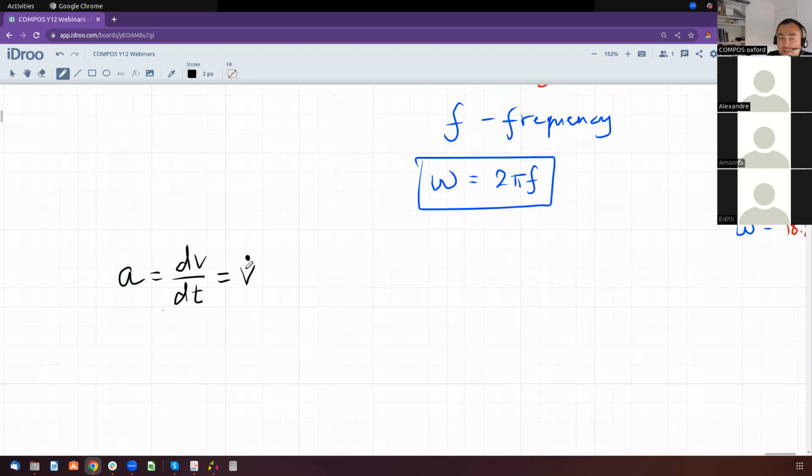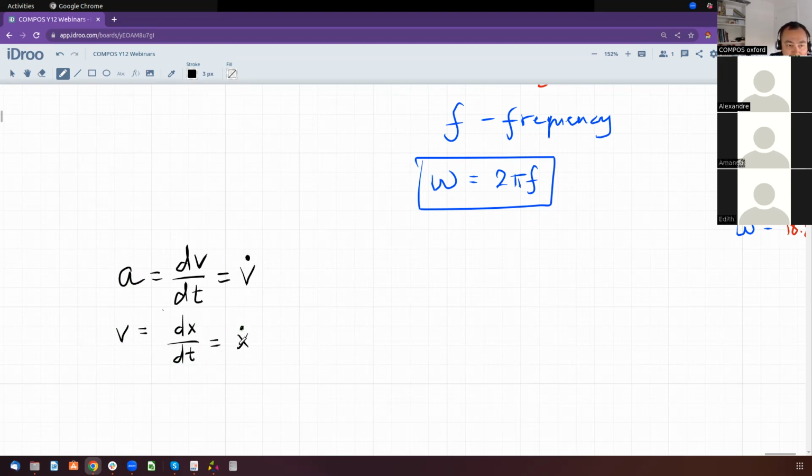Dot means derivative with respect to time. And velocity is the derivative of displacement, dx/dt. That means it's x dot.